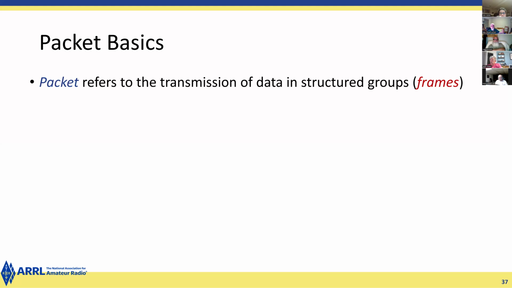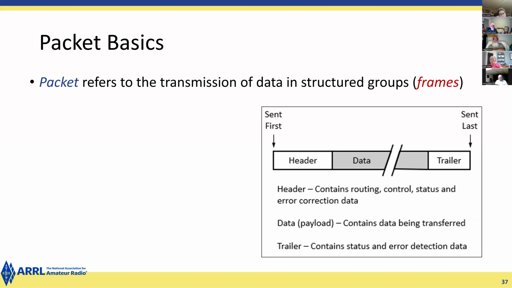So for the basics, the packet refers to a structured group of data that's transmitted in what's called a frame. A frame consists of a header, which contains synchronization, routing, control, and status, a data payload in the middle, and a trailer at the end that contains status and error detection data.